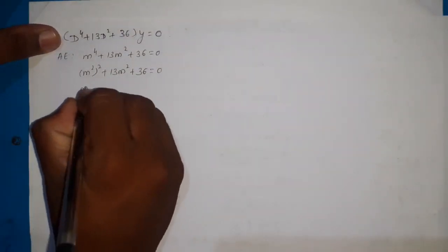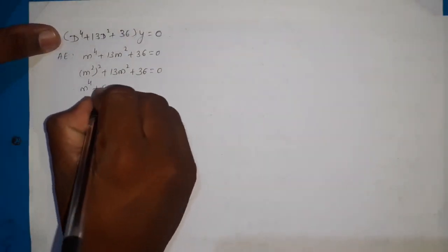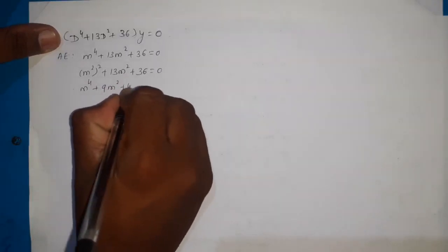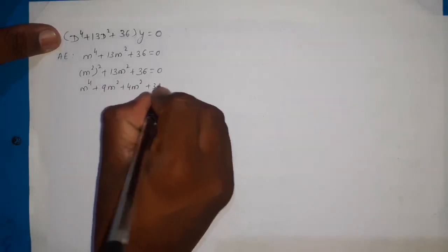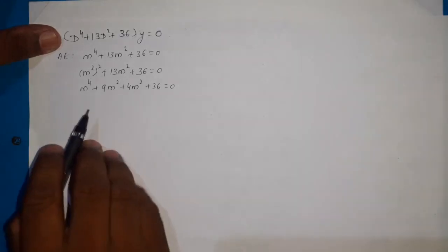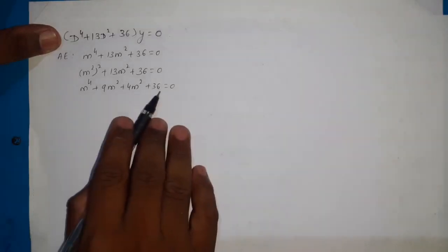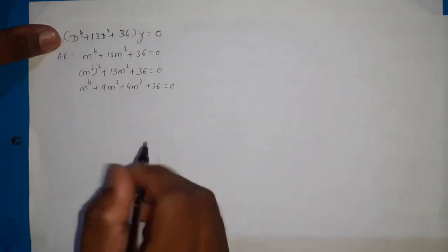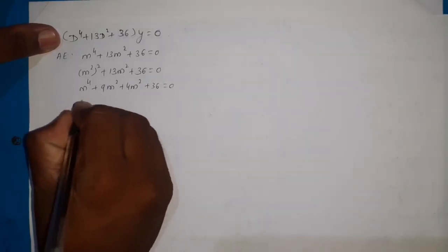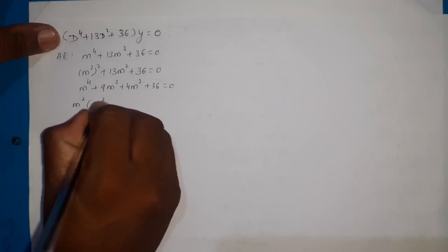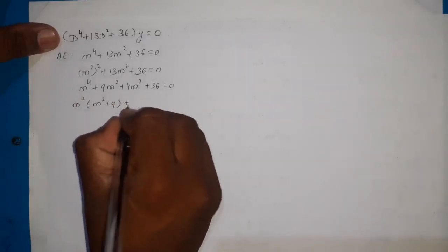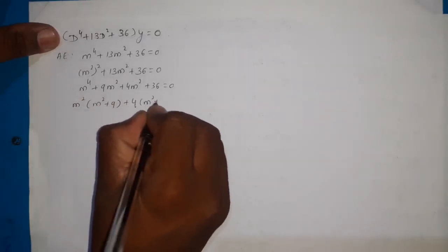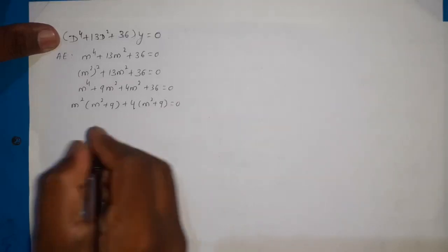Now it is m power 4 plus 9 m square plus 4 m square plus 36 equal to 0, because by multiplying 9 and 4 we get 36, and by adding 9 and 4 we get 13. Now the common term is m square, so m square into m square plus 9, plus 4 common, m square plus 9 is equal to 0.